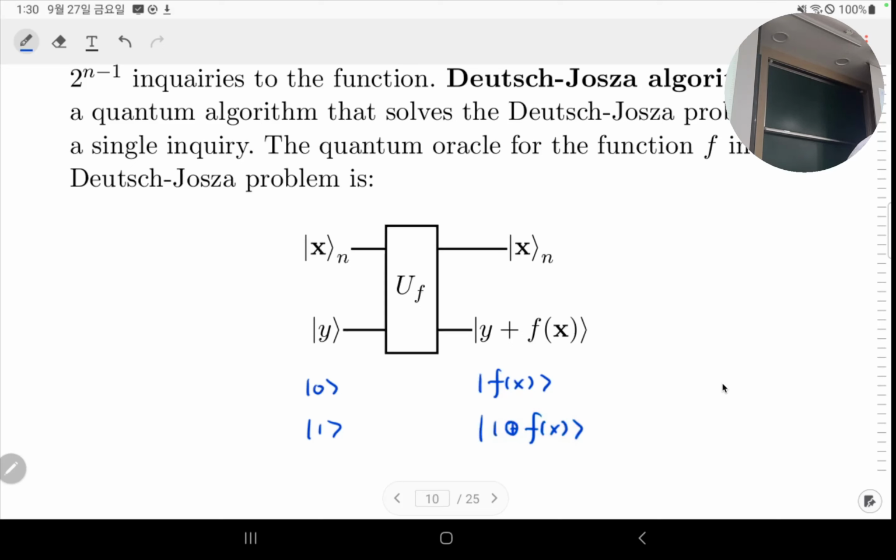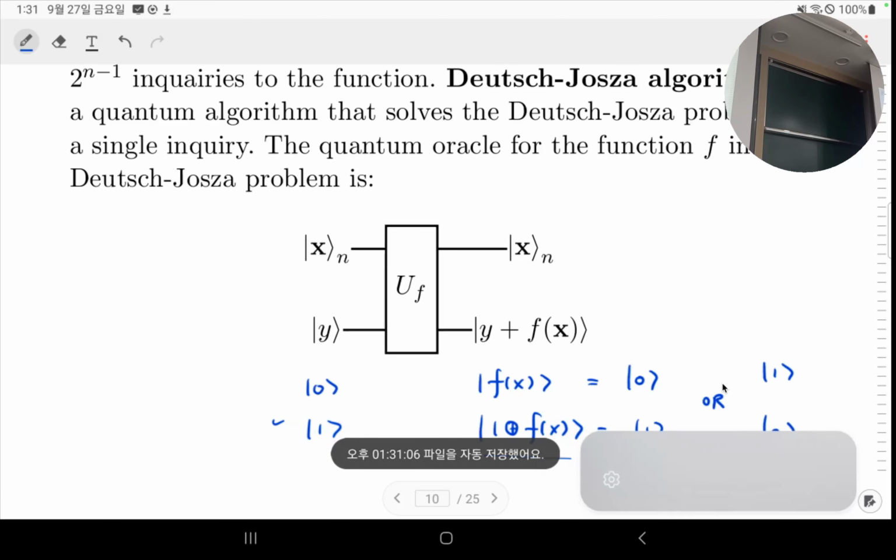So it depends on what x and what value of f of x is, it could be 0 and 1, or it could be 1 and 0, right? So when y is 1, then it's a bit flip.